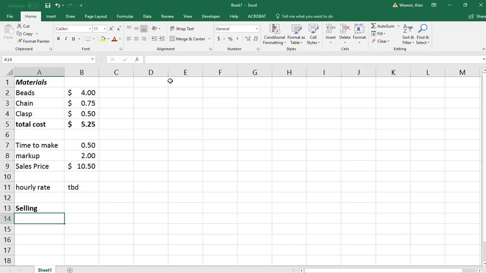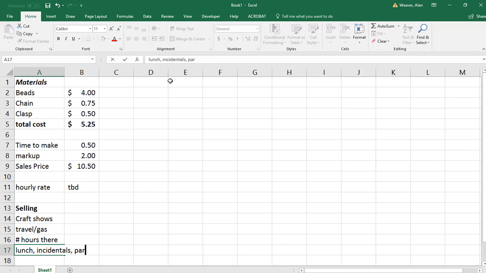You could say craft shows, travel, gas, number of hours there, and you might have to bring somebody with you, buy lunch, other things too, lunch, incidentals, parking perhaps. You've got all these things that you have to consider in there. But what we need to do, we have to work on that formula here. We're doing the visualization here, but this is really important, okay?